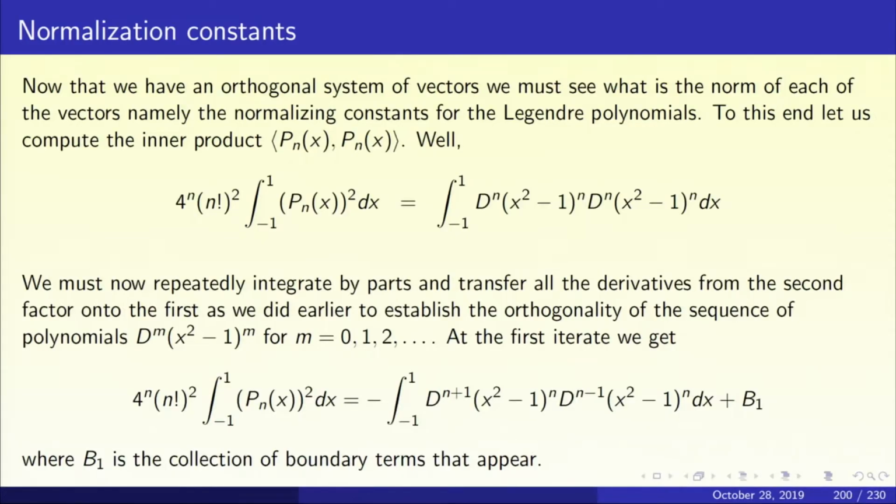Owing to its supreme importance, I decided to give a complete proof of this. All right. We know that the Legendre polynomials form an orthogonal system of polynomials on the interval minus 1, 1.